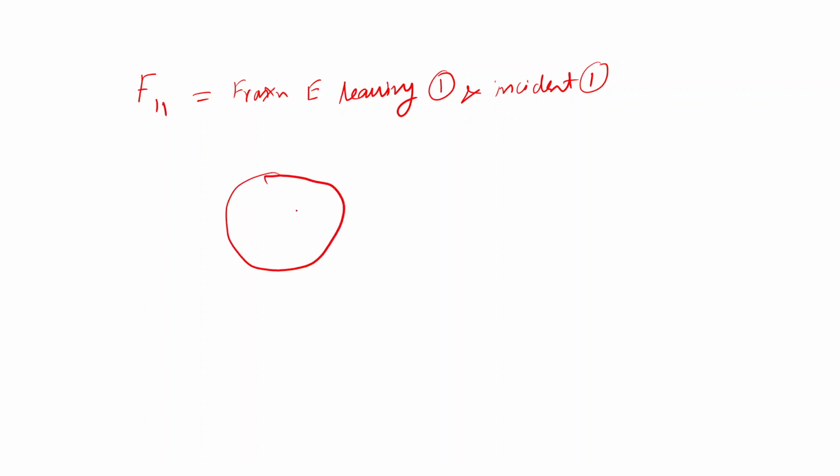So let's say here we have to find F11. What is that? Fraction of energy leaving 1 and incident on 1. Now if you look at our geometry, this was our first and this was our second surface.